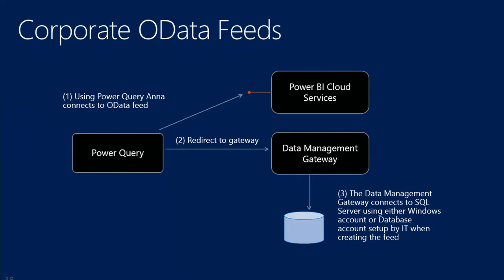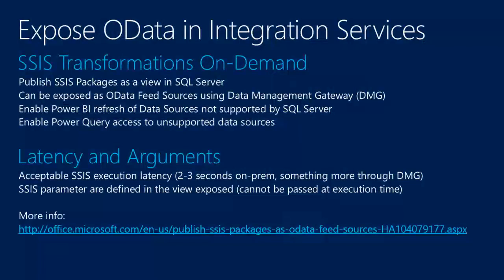The cloud service only acts as a repository of services available. And the data management gateway provides the data using the OData feed. So you don't need the driver to connect directly to the database. You just need to reach the data management gateway. But of course, the server could be on another machine that you don't have physical access to. You need the access to the data management gateway.